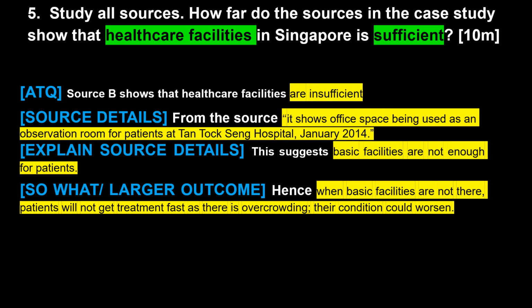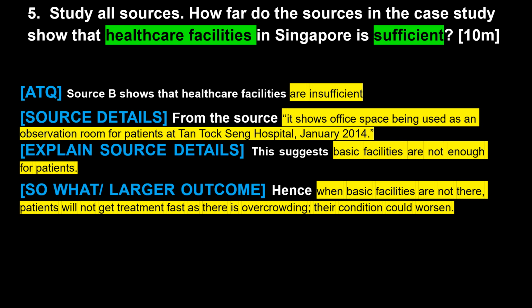And if that were to happen, then definitely there is a possibility of even death, if you're not treated properly. So again, remember, this is just a simple inference question for that 10 marks. Answer the question, give the source details, explain the source details, but always remember, after you explain the source details, so what does having insufficient healthcare facilities mean?